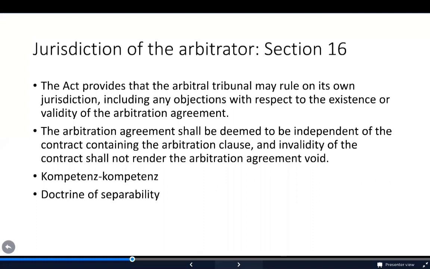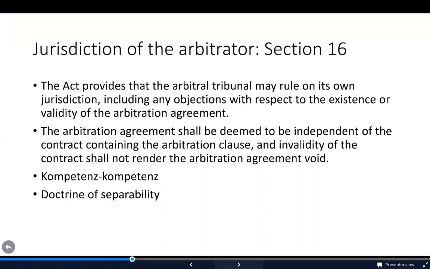So let's move to the next part, the jurisdiction of the arbitrator. Where do the arbitrators get their jurisdiction? It's actually the arbitration agreement, which is the origin of arbitration, as both the parties created this agreement and provided the power to the arbitrators through it. So let's say one of the parties is of the view that this arbitration agreement is not valid.